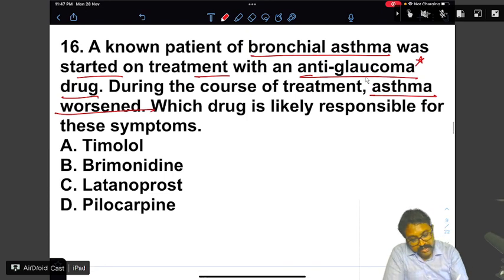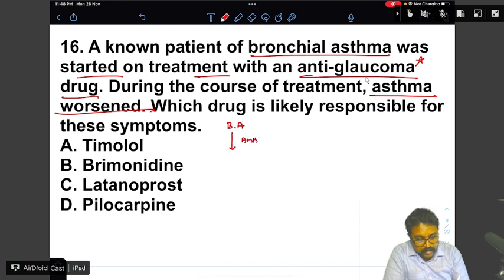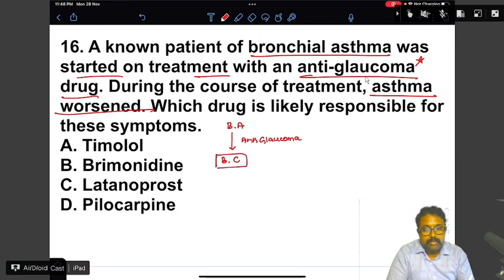So as you know, the patient has bronchial asthma. In a bronchial asthma patient, if you are giving an anti-glaucoma drug and it is causing bronchoconstriction, which is the anti-glaucoma drug which can cause bronchoconstriction?